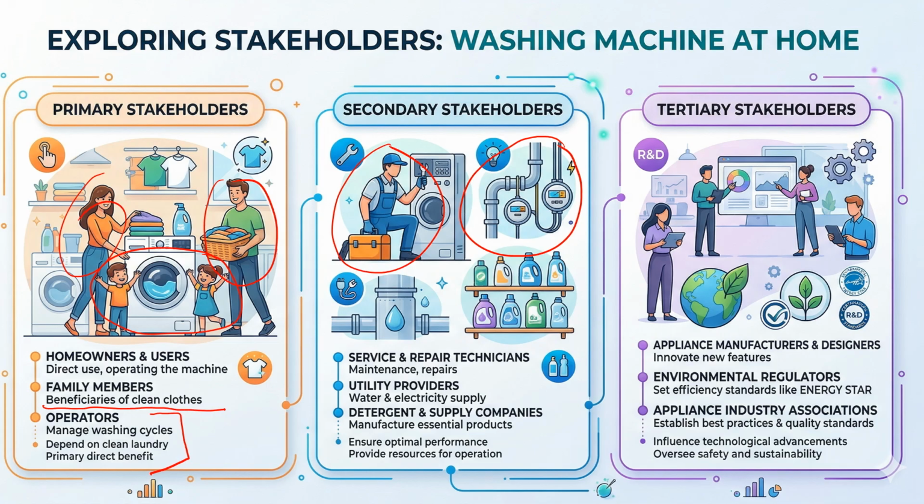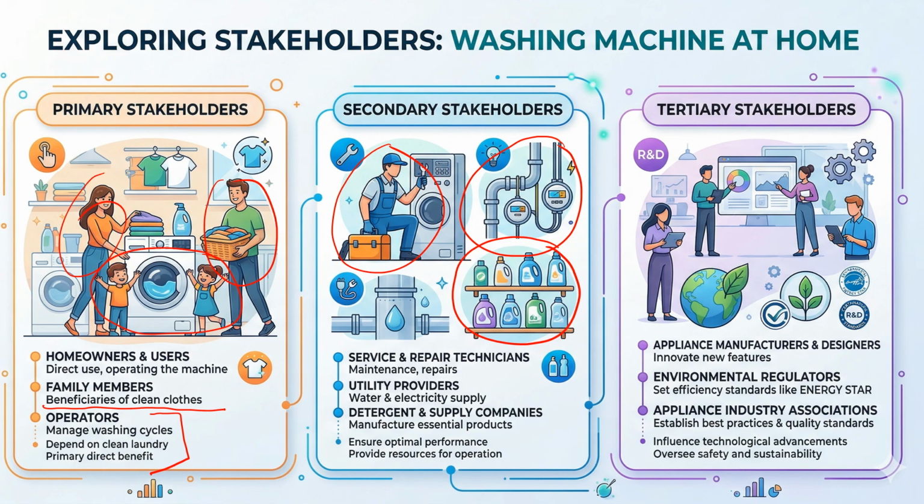In case the water flow is getting affected because of some clogging happening, I have to again call a plumber. The people who are making detergents for this particular washing machine, I can also say that they are the secondary companies. These can also be companies which are making fabric softeners and other such things, which will go as a product inside the washing machine to produce the cleanliness that is desired.